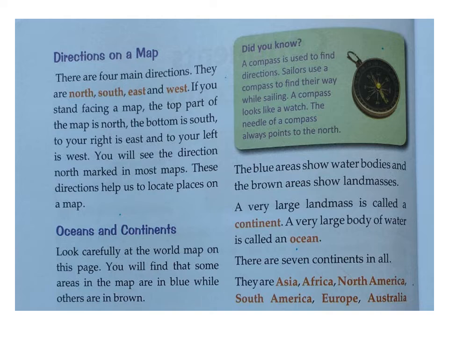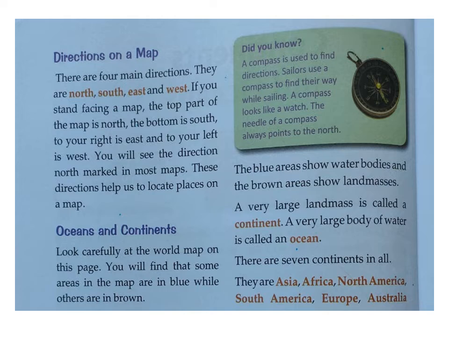Now one more important thing, as it is given in your book. Did you know, in olden times when there were no tools to find the directions, people were mostly moving from one place to another through water routes, traveling across the oceans or the sea.